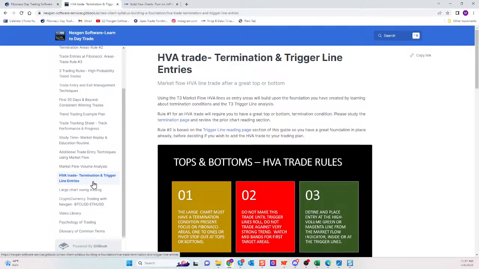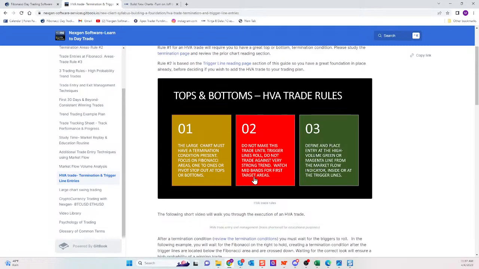Just putting them in a different range. So if you're going to take an HVA trade, guys, if this is going to be your second trade, and this was typically the second trade, take your rules and make yourself a checklist so that you can police yourself and make sure that you're following the rules.